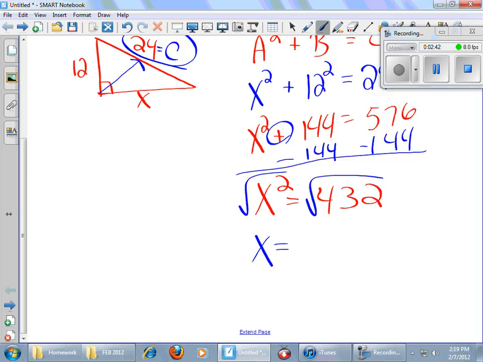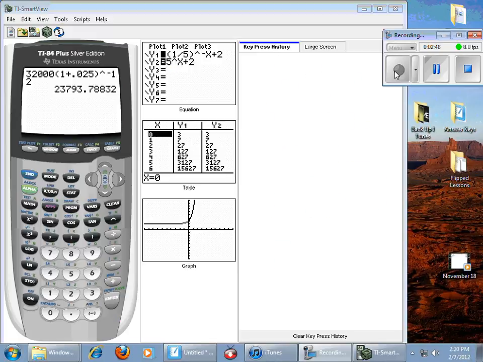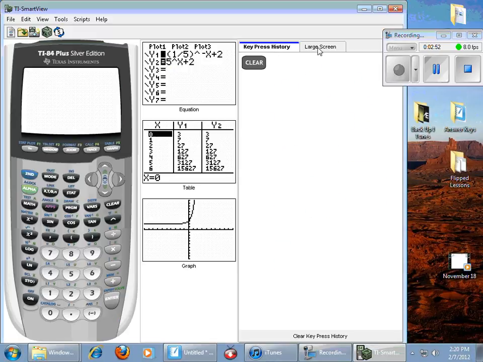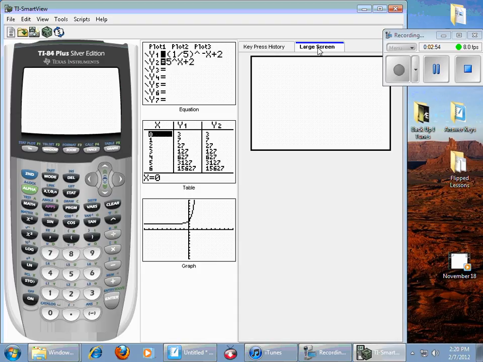We get x on this side, and I will go ahead and go to my calculator. Hold on one moment. Okay, I have to take the square root of 476. Let me clear this off, put it on large screen so you can see better. I take the square root of 476, and I get this big long decimal.